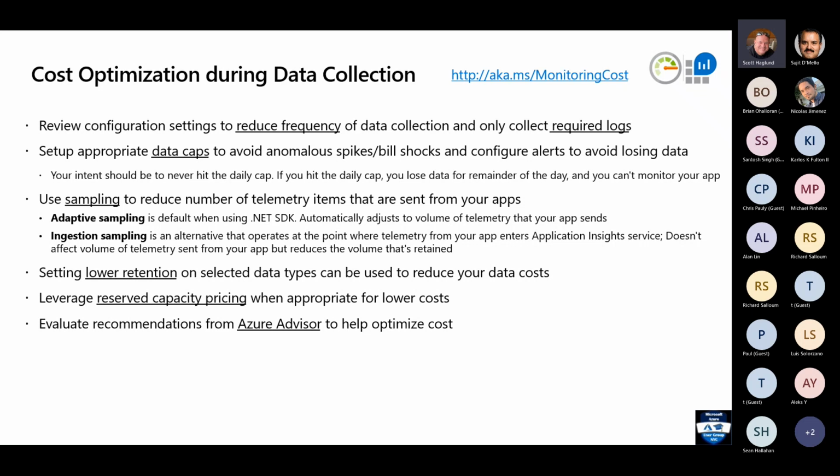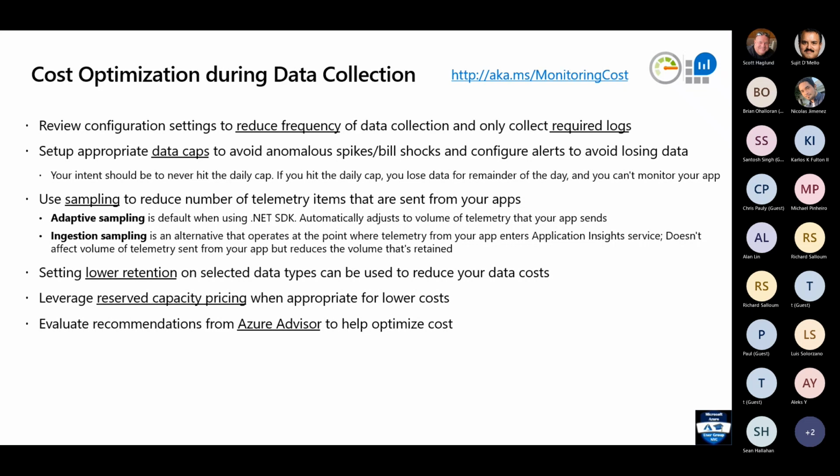Leverage reserve capacity pricing when it's appropriate for lower cost. So this is interesting. A lot of people don't know this. Since 2019, capacity reservations pricing model has been put in for log analytics. So with this model, you pay a fixed fee based on the capacity tier that you select for the data ingestion.